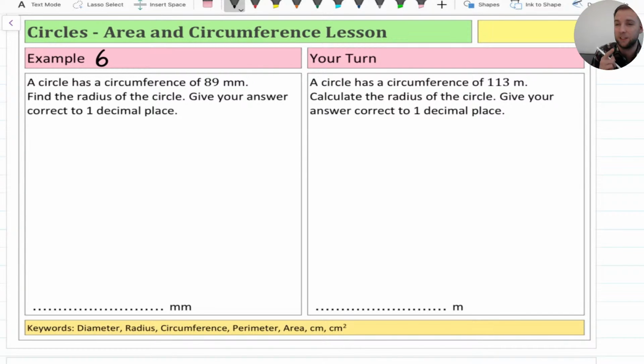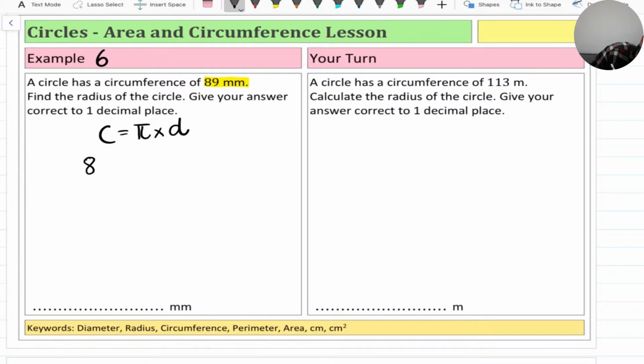I actually think this one's easier if you know what the formula is, but people get confused with using the formula. So with this one here, we're trying to find out what the radius is. So we know that the formula for the circumference is equal to pi times by d. And the thing that I know is that the circumference is equal to 89 millimeters.